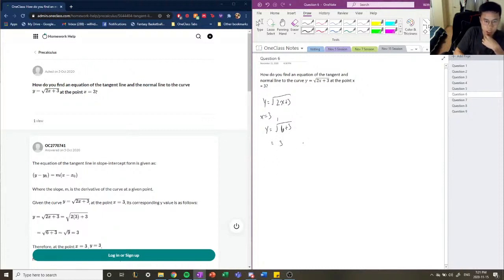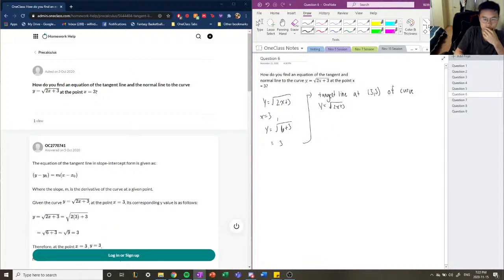So now we know that we need to find the tangent line at 3, 3 of curve y equals root 2x plus 3. Okay?